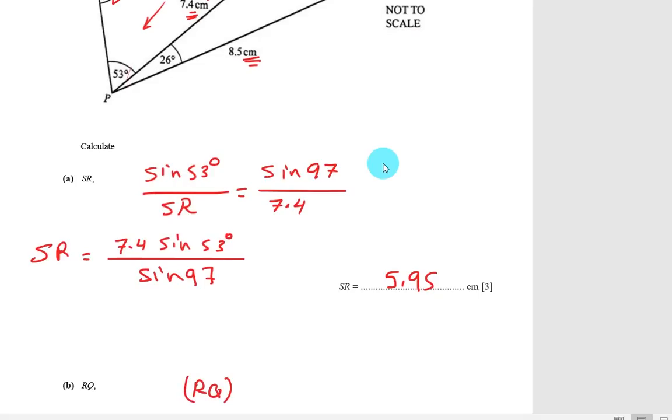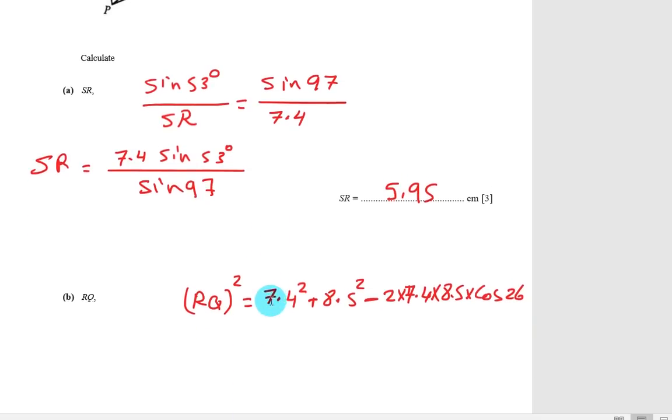RQ squared will equal 7.4 squared plus 8.5 squared minus 2 by 7.4 by 8.5 by cosine of the angle 26.